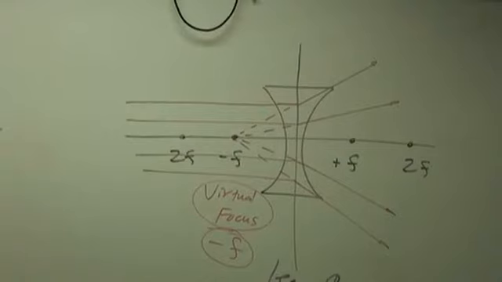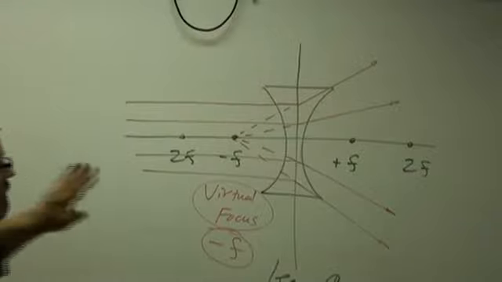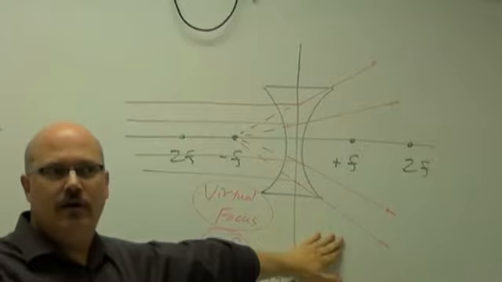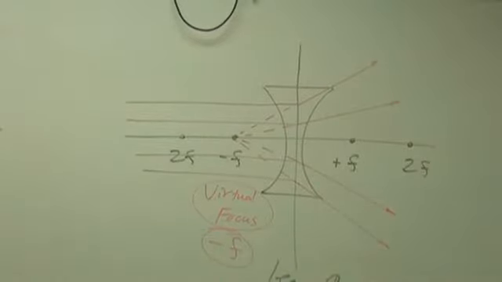Okay, converging versus diverging. Convex, right here, converging; concave, diverging. Now look, this is a bit confusing sometimes for students because concave over here is converging.